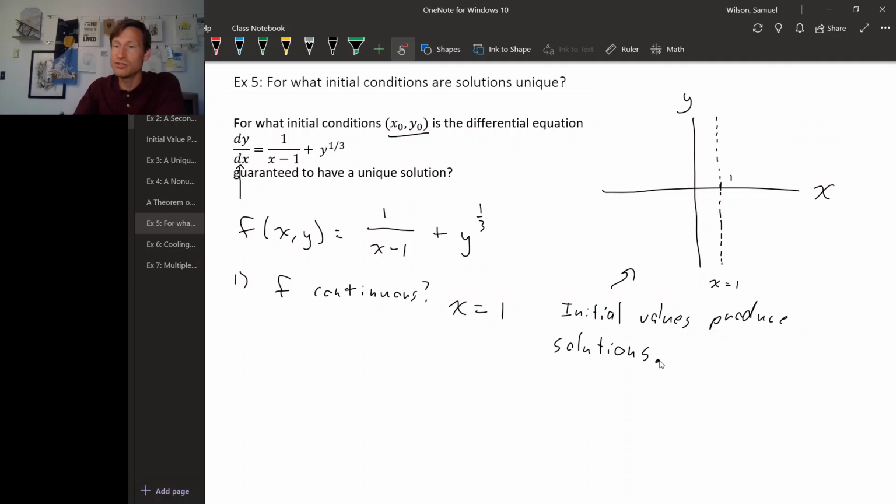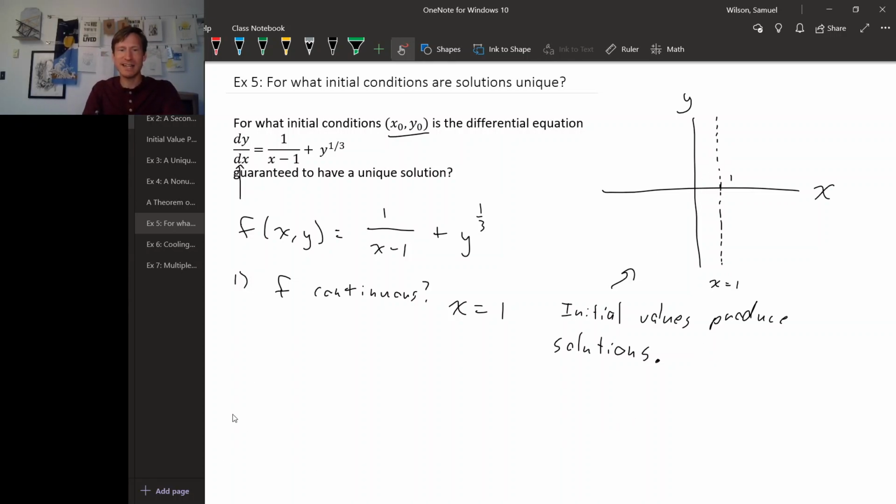Now we don't know if those solutions are unique yet, but they're guaranteed to exist, at least one solution through every initial value in this region of the xy plane. By this region, I mean all of the xy plane except this vertical line. Okay, so that's where solutions exist.